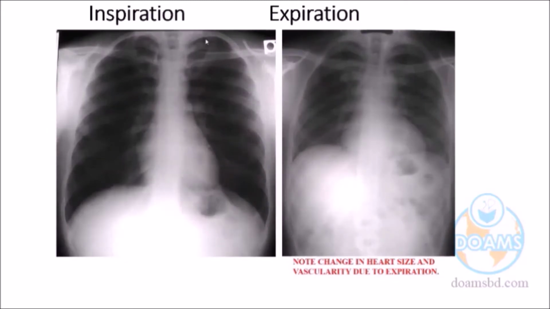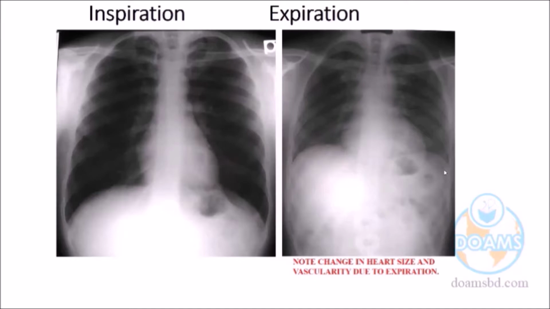So look at two X-rays here on the right side. That means the right side of my screen is the inspiratory film and the expiratory film. You can find that the cardiac shadow is enlarged. In this expiratory one, there is elevation of the diaphragm and the cardiac shadow seems to be enlarged. So it is a simple technical thing, nothing else.